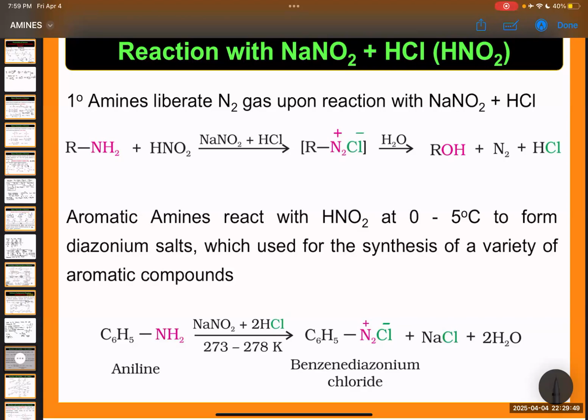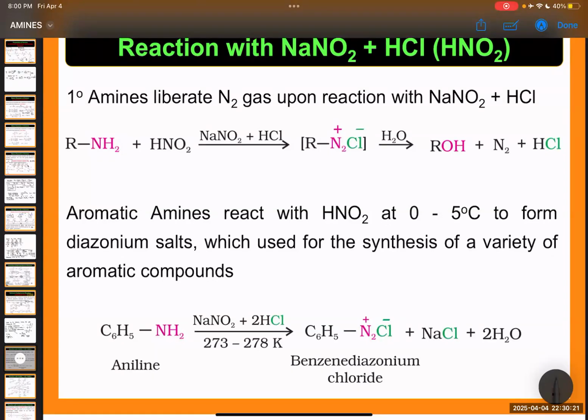It can also be used to convert primary amines to alcohol. So we have two purposes here. The first is detection of amines, the type of amine, whether it is primary, secondary, or tertiary. Next, it can be used to convert amines to an alcohol. Got it? Is it clear or not?